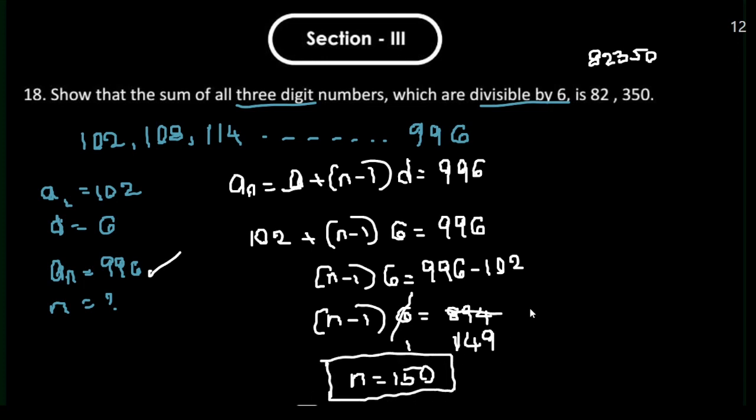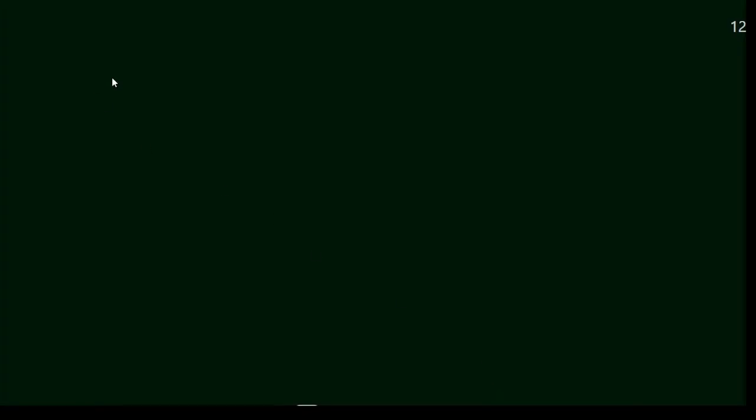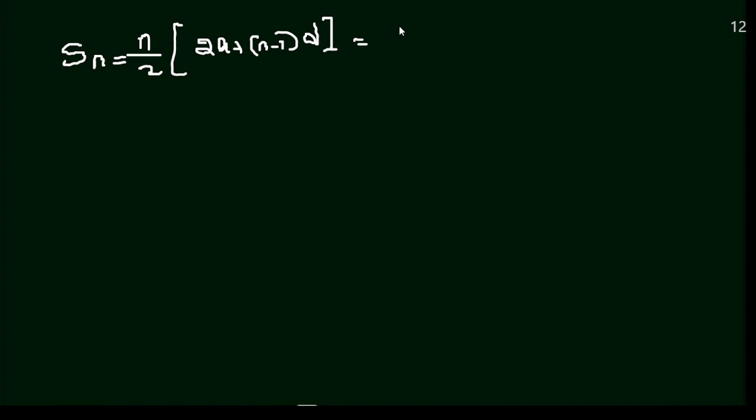Got it? Now we need to find the sum of n numbers. S_n is equal to n by 2. Let's write the formula here: n by 2 into 2a plus n minus 1 into d, or else we can also write n by 2 into a_n plus a_1.